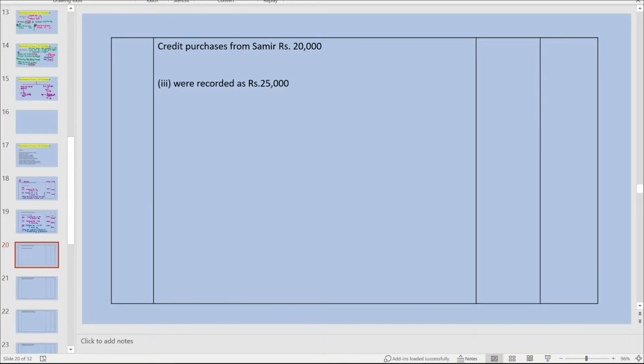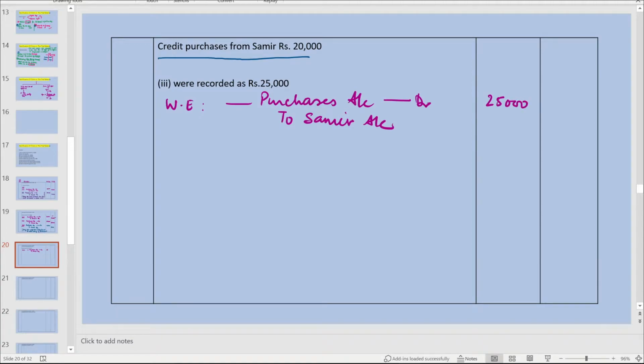Third one, it says again the credit purchases from Samir. This is our standard one. It was recorded as 25,000. Now this is overcast. So again in this case, the wrong entry which is passed by the accountant is purchases account debit to Samir, 25,000, right?